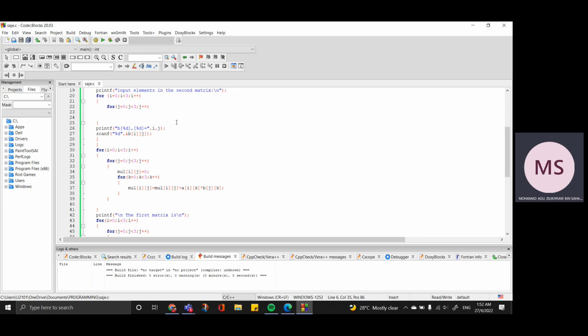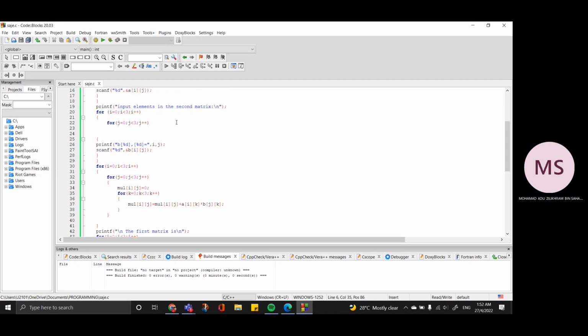And then the second matrix uses the same technique as the first matrix. I declare the title, printf input elements in the second matrix, so the user can input the numbers of the second matrix. The matrix is 3 times 3 as before, so i equal to 0, i less than 3, i plus plus, j equal to 0, j less than 3, j plus plus.